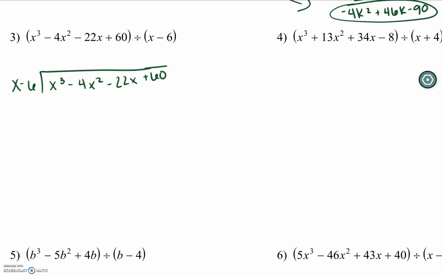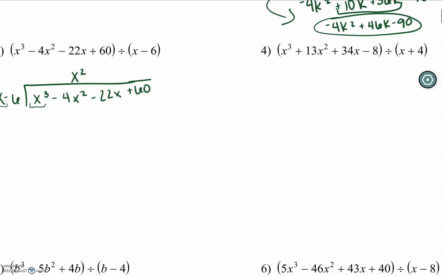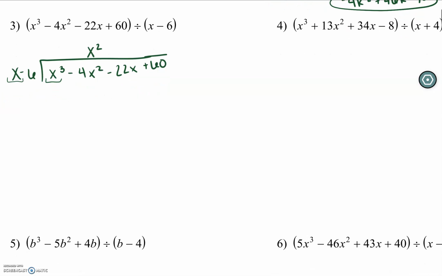X goes into x cubed, x squared times. So again, you ask yourself, what would I have to multiply this term by to equal this term? So I take x squared times x, which would give me x cubed. X squared times negative 6 would give me negative 6x squared.